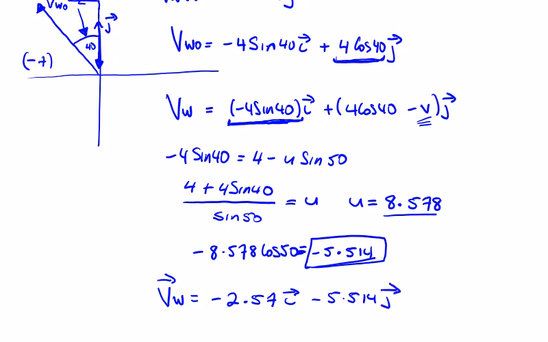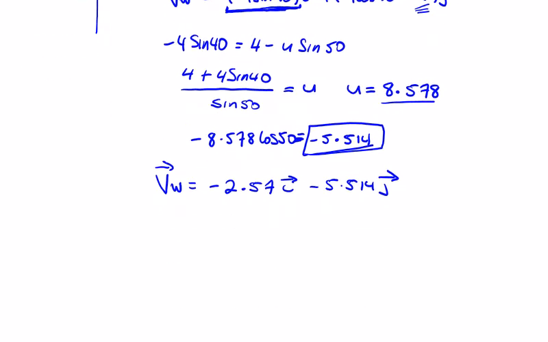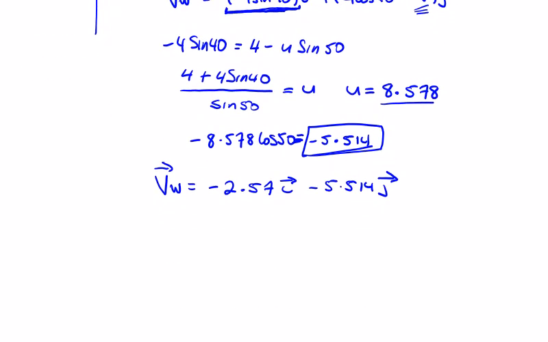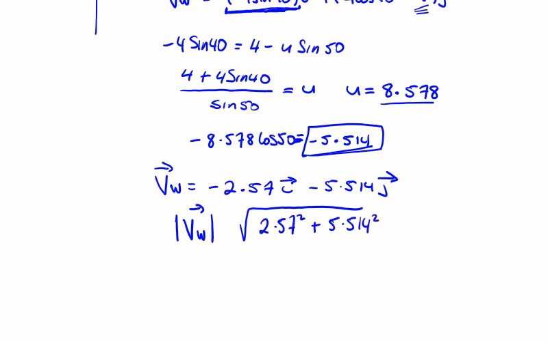Now what are we asked? We're asked for the magnitude and direction of the velocity of the wind. Let's get the magnitude first. It's just Pythagoras really: square these two things, 2.57 squared plus 5.514 squared. That's going to give us 6.08 meters per second to the minus 1.